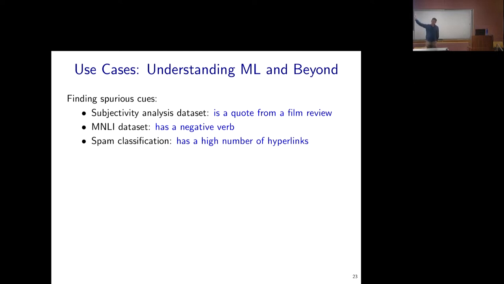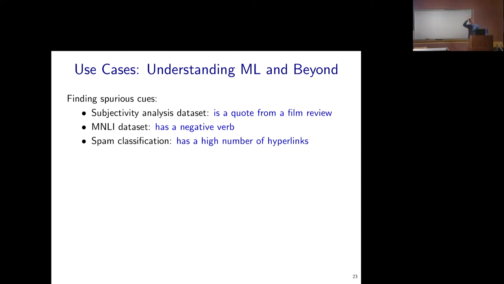Actually, when we first saw this, we thought we had some bug in our system. But then we read the paper that proposed this data set, and apparently the two classes were IMDb and Rotten Tomatoes, because the idea is that IMDb is objective and Rotten Tomatoes is subjective. So actually the difference was that it was a quote from a film review for the subjective class.